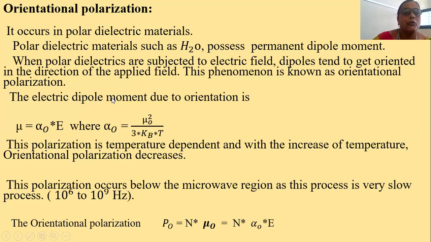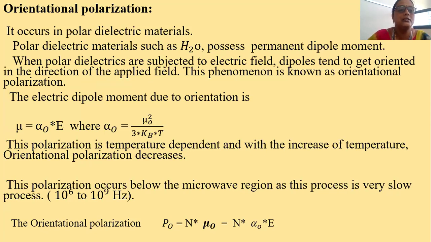Next, orientation polarization. Orientation means changing the direction, to a particular direction. It occurs in polar dielectric molecules. What do you mean by polar dielectrics? That means where the dipole moment exists. If you know that water is a polar solvent, H2O, that means there should be some dipole moment existing.